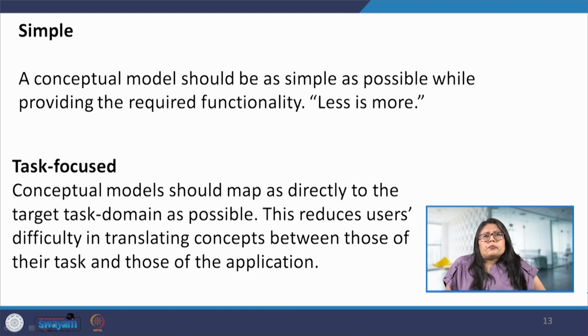Some of the important requirements of the conceptual model is that it needs to be simple. It should be as simple as possible, and less is more is basically the important keyword here.